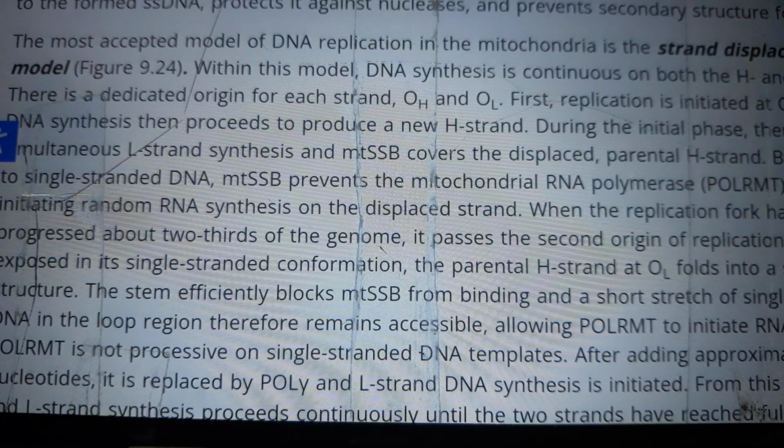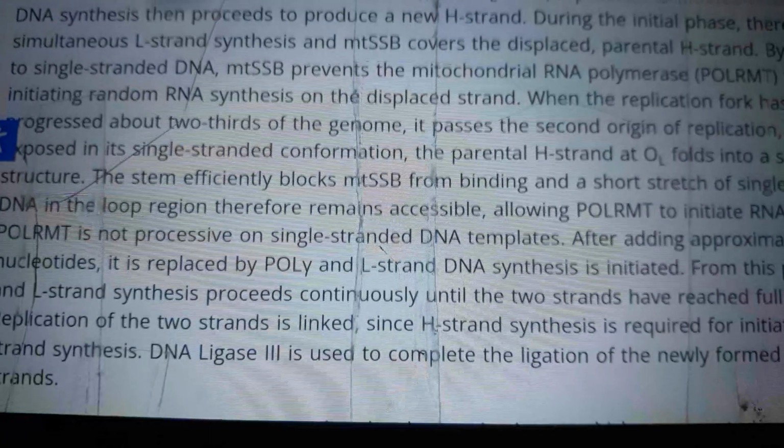Within this model, DNA synthesis is continuous on both the H and L strands. There is a dedicated origin for each strand, OH and OL. First, replication is initiated at OH and DNA synthesis then proceeds to produce a new H strand.